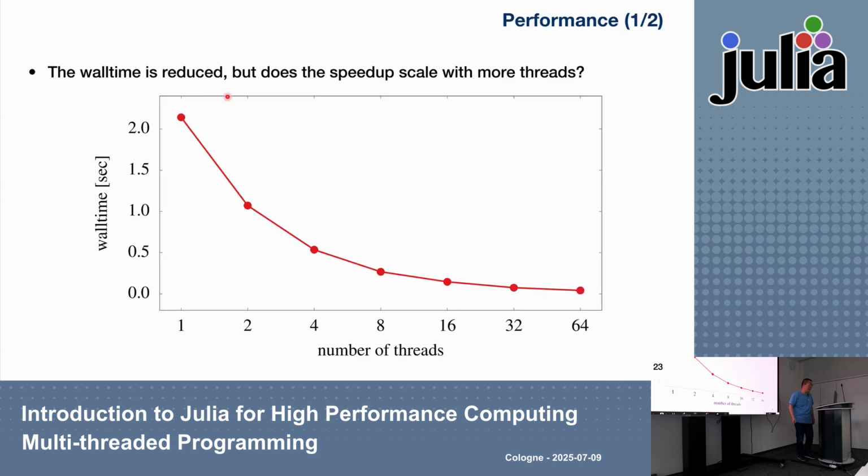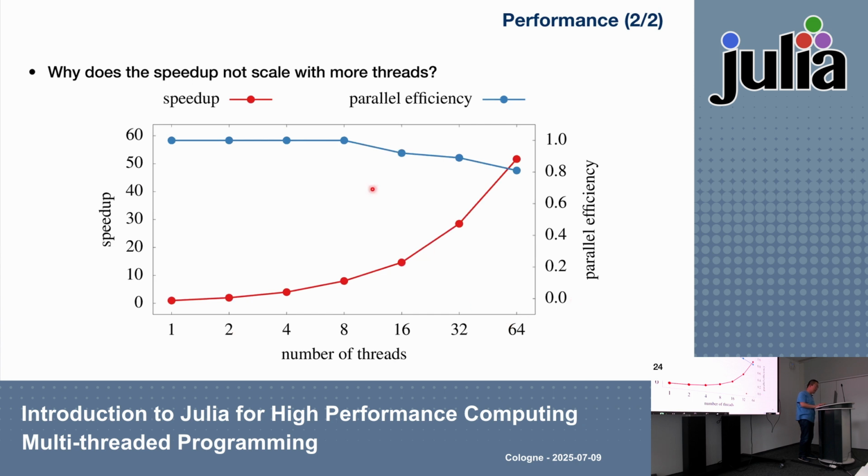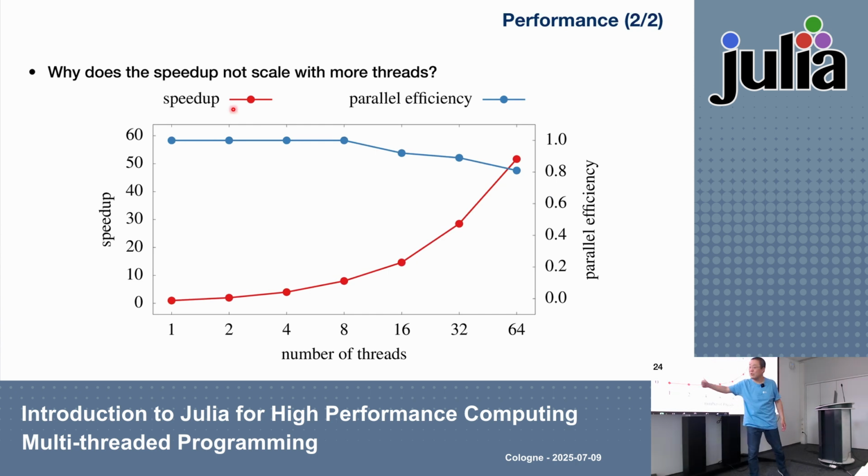And then, as you can see, let's look at the performance. This is the wall time. With one single thread, it's roughly 2.1 seconds. And up to 64 threads, as you can see, this is very nice. The runtime decreases. And if we look at the speedup, with one thread, the speedup is 1.